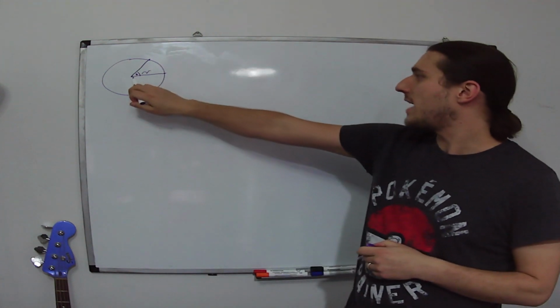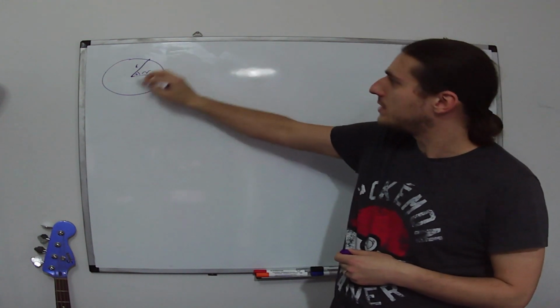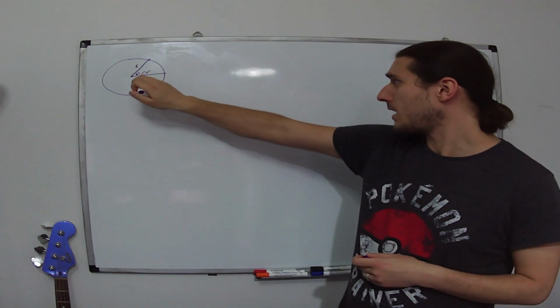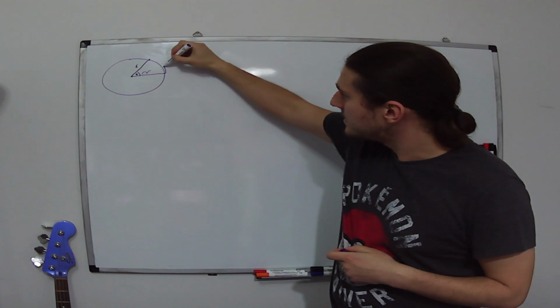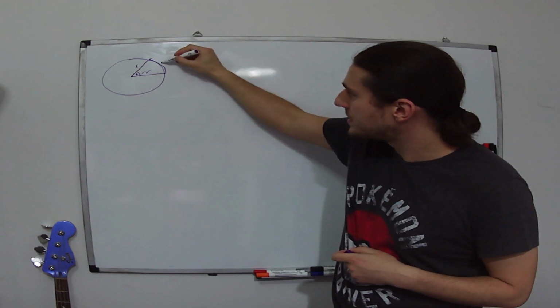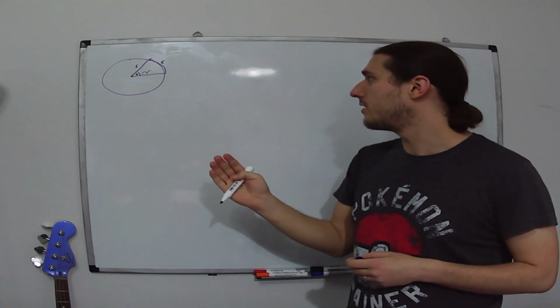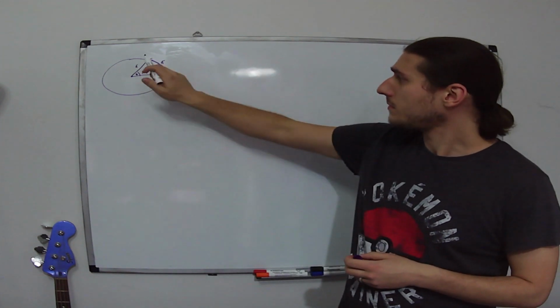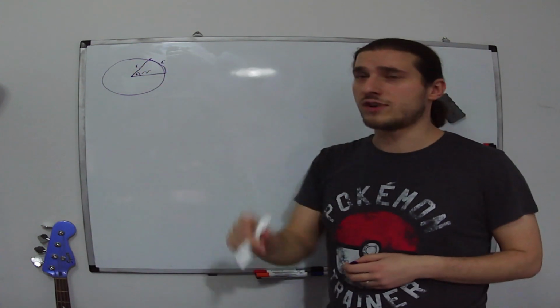Let's imagine we have an angle like this. So imagine you have the slice of a pizza and we have radius as both arms, and let's say that this distance here is also radius long. We define this angle here as being 1 radian.